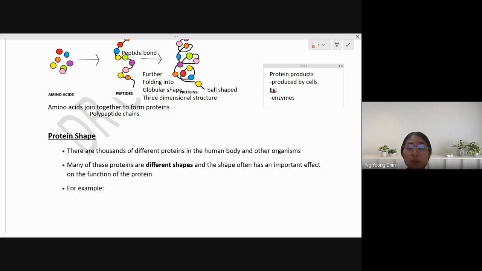Enzyme is one type of protein product. You can say all enzymes in your body are made from proteins. Another one, hormones. Another one, antibodies. Those are three substances which belong to the protein products.